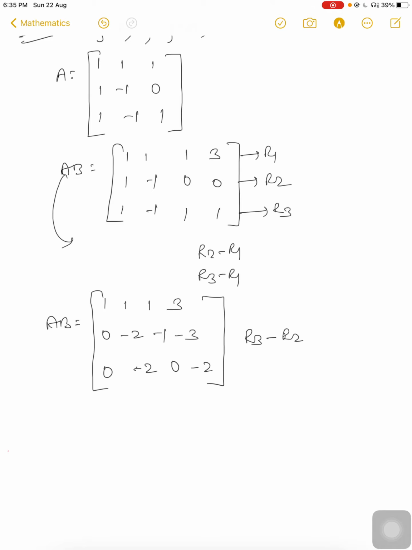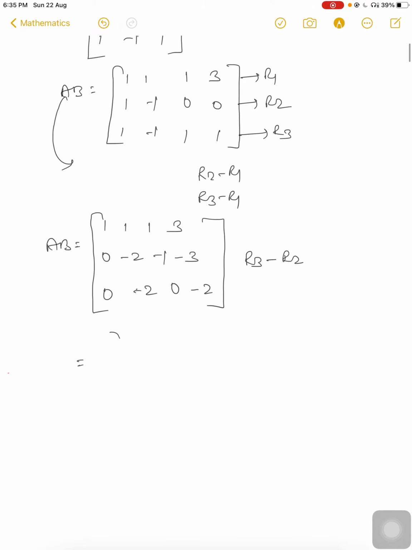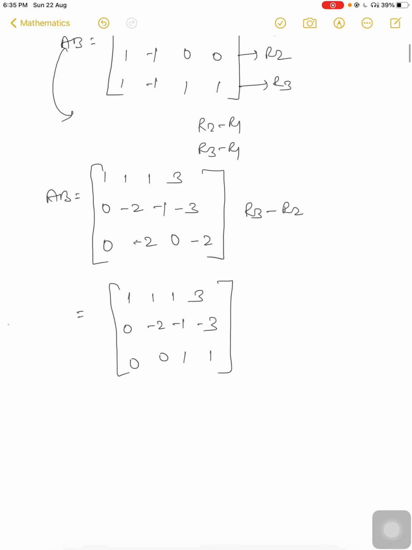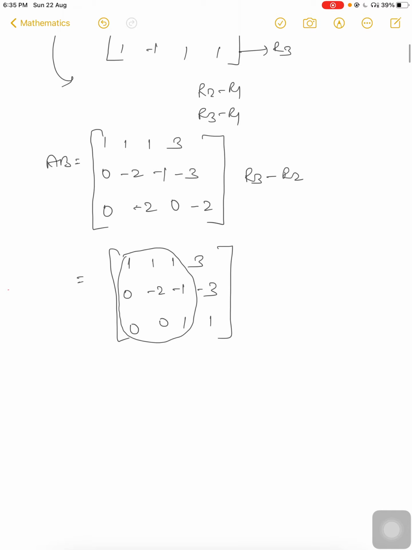Now do R3 minus R2, which gives 0, 0, 1, and 1. Now your A is this part, and the total is AB.